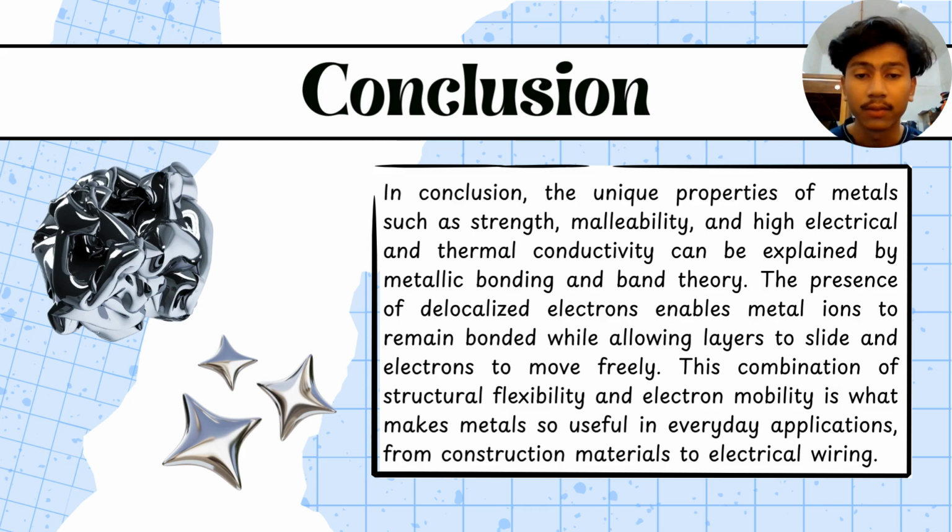The presence of delocalized electrons enables metal ions to remain bonded while allowing layers to slide and electrons to move freely. This combination of structural flexibility and electron mobility is what makes metal so useful in everyday applications, from construction materials to electrical wiring.